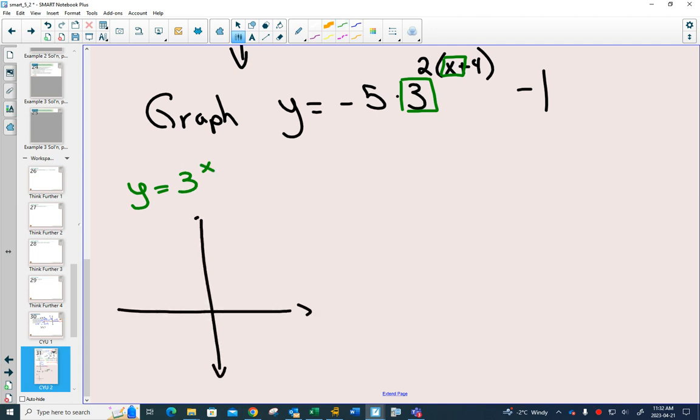Start putting out the answer. You can keep working on yours and check it after. Just graphing the 3 to the x graph.